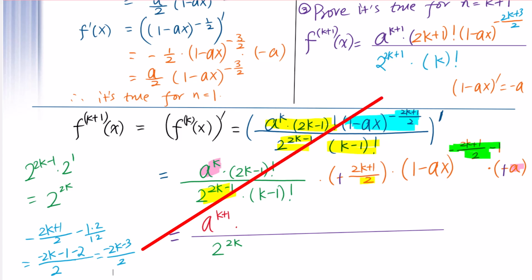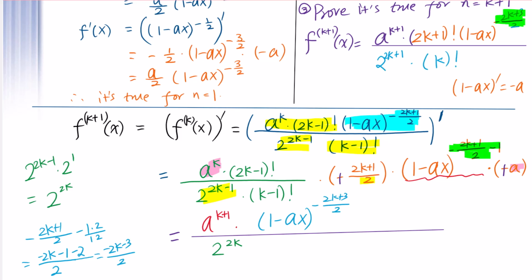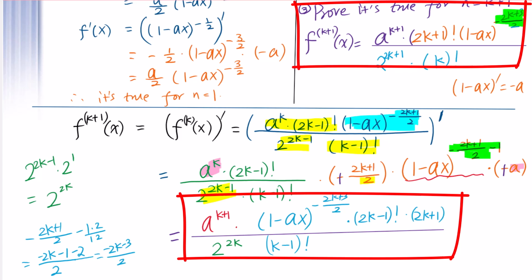Let's check this proof part. We need negative (2k plus 3)/2. Then times (2k minus 1) factorial times (2k plus 1). Denominator, we got (k minus 1) factorial. Now compare these two.